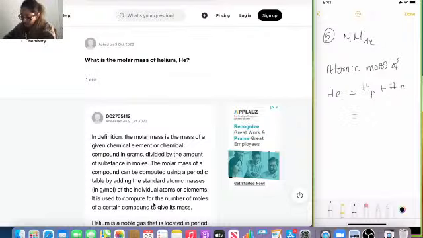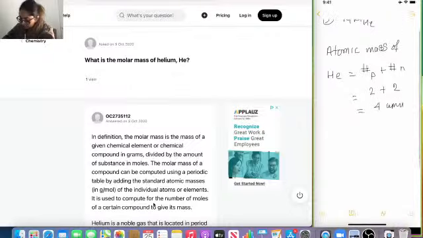You'll get this from your periodic table. The number of protons in helium is 2, and the number of neutrons is also 2. Okay, and so the atomic mass is 4 AMU, and we can say the same thing for the molar mass.